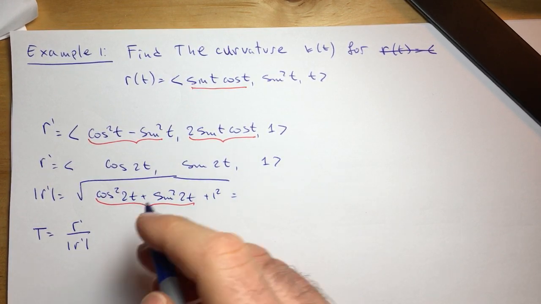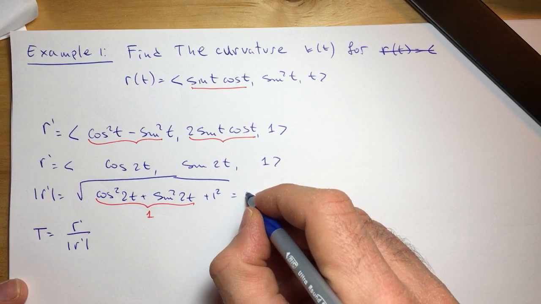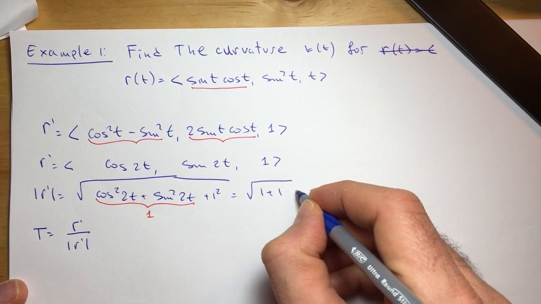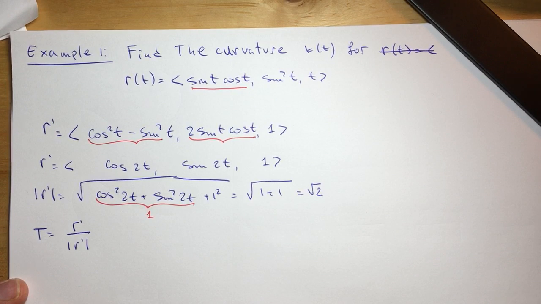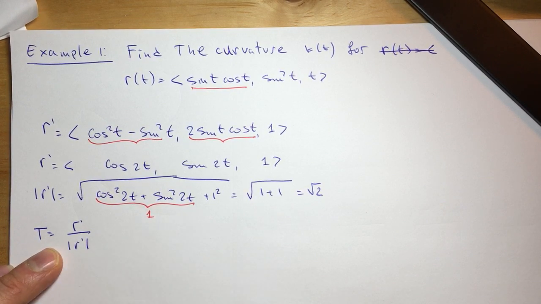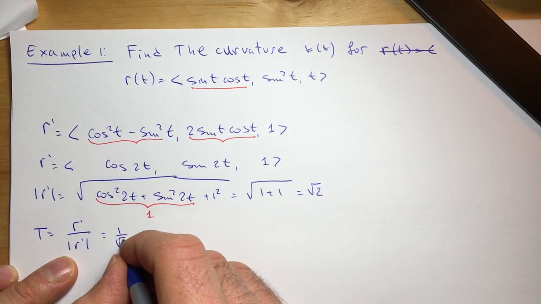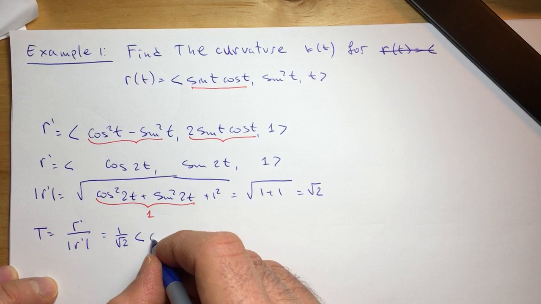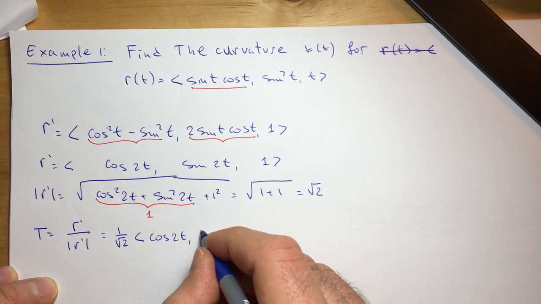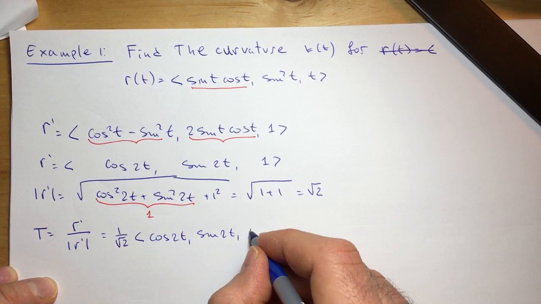This is just the basic elementary trigonometric identity, so that's 1 plus 1, or square root of 2. So we can find the unit tangent vector: 1 over the magnitude of r prime, so that's 1 over square root of 2 times r prime, which is cosine of 2t, sine of 2t, and 1.